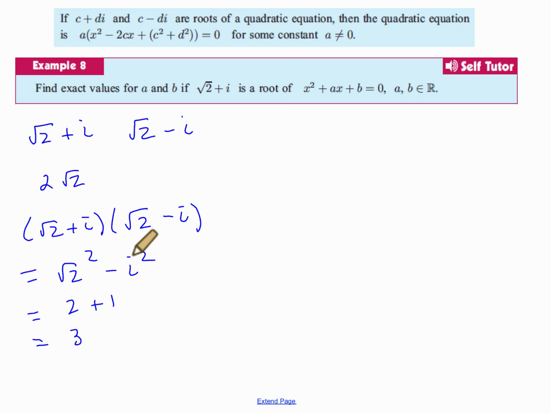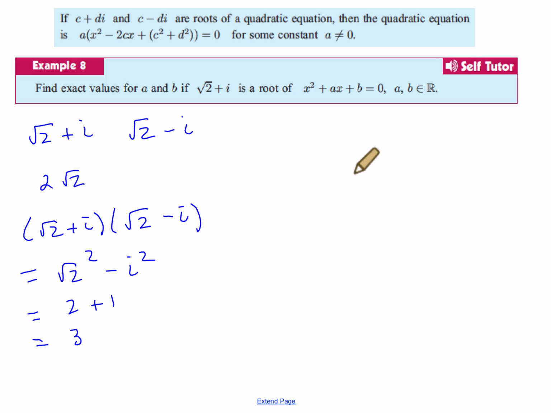I always go ahead and multiply it out, but it's always going to end up as c squared plus d squared. So c plus di, the d is equal to 1. So 1 squared is 1, and root 2 squared is 2. So therefore, you get the 2 plus 1 equal to the 3.